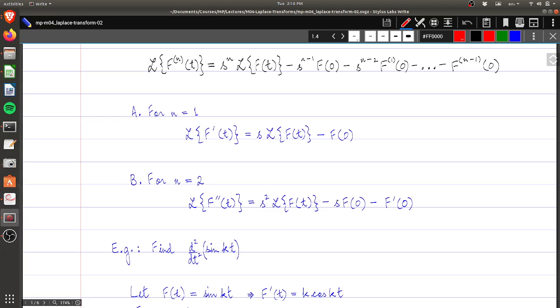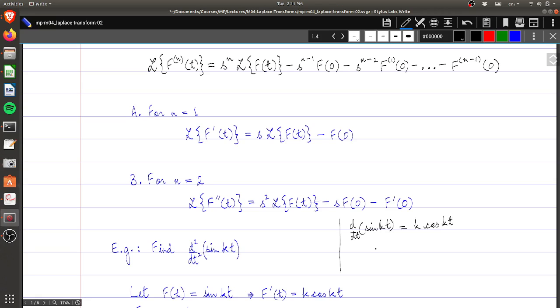d square by dt square of sine kt. You already know the answer to this, right? So let's say I want to find out the second derivative of this. First of all, what is d by dt of sine kt? Follow the usual calculus. It will be simply k cos kt, right?